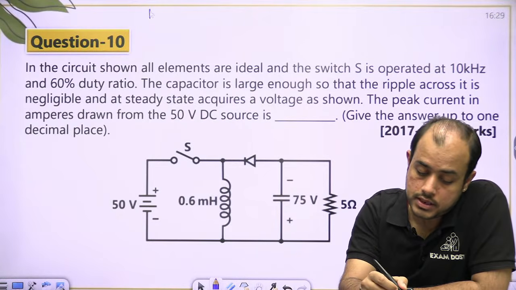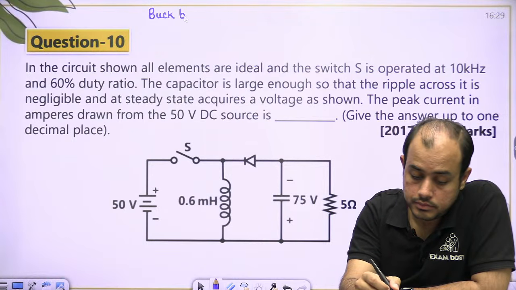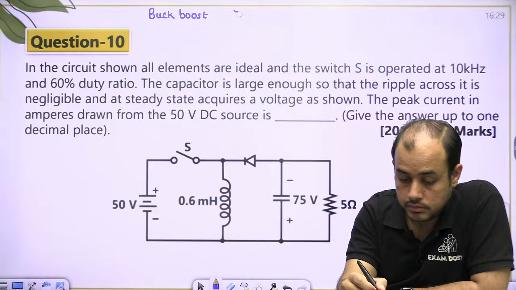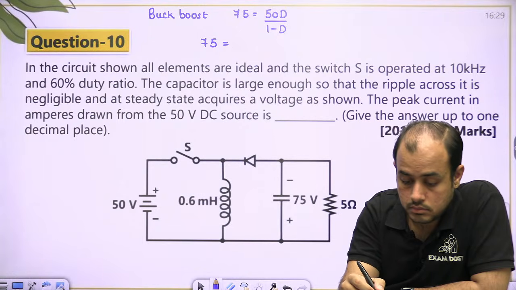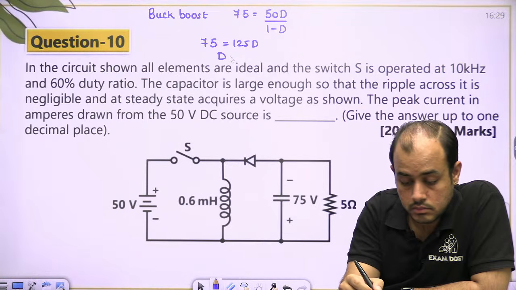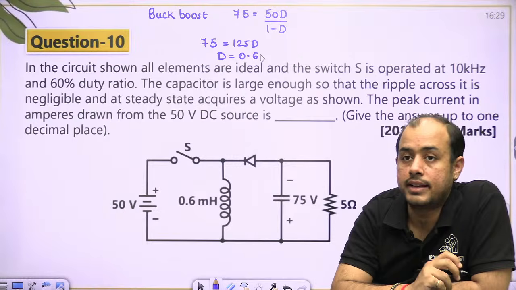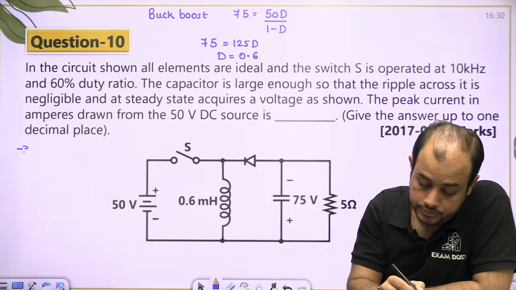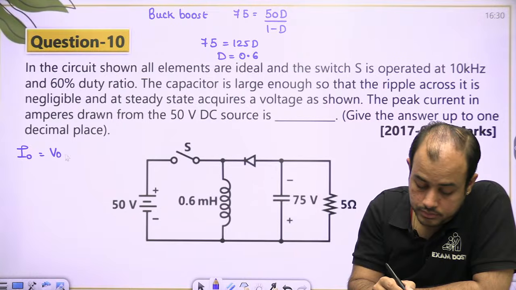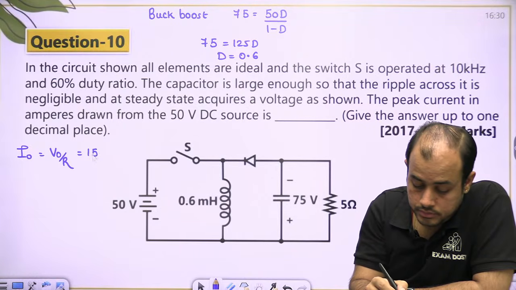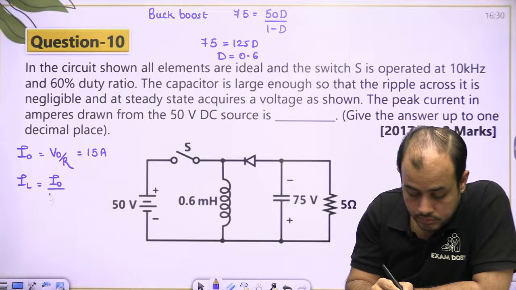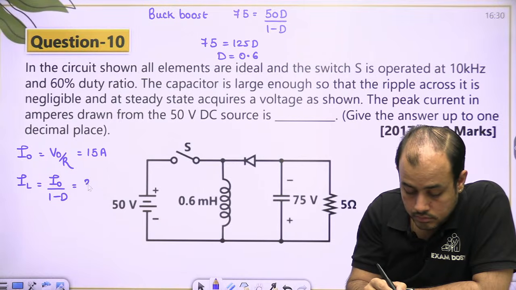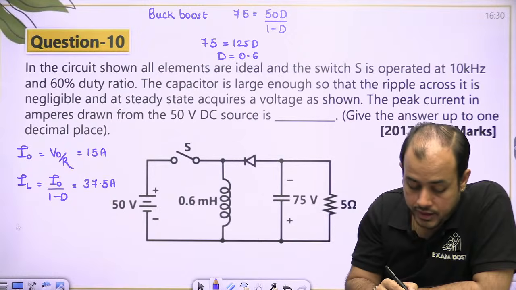देखिए, this is a buck boost converter. Duty cycle is 0.6. Is 7.5.